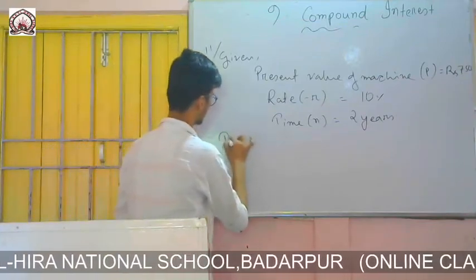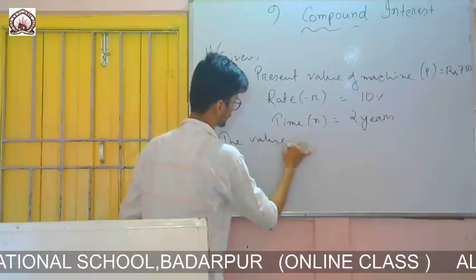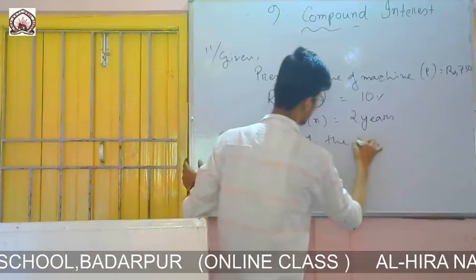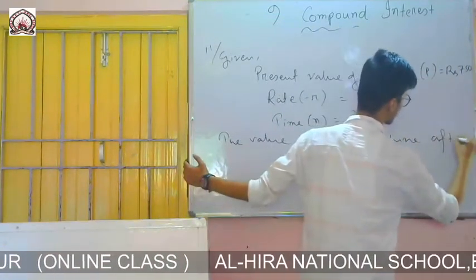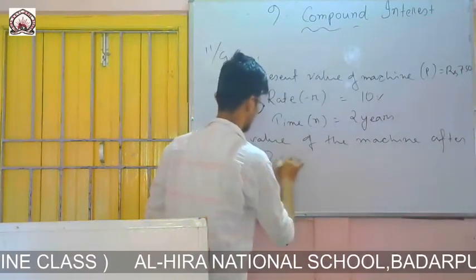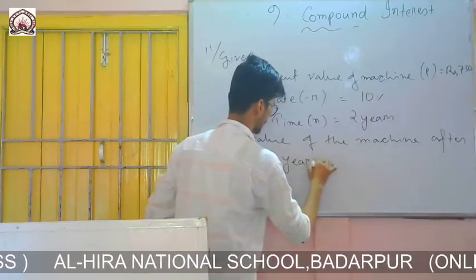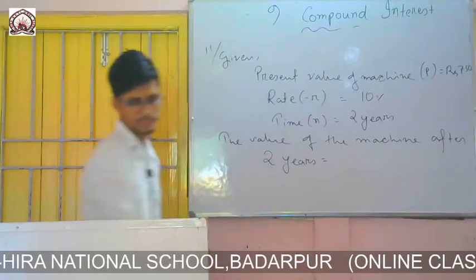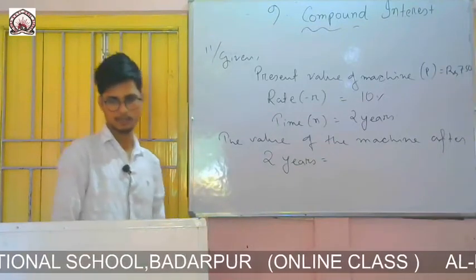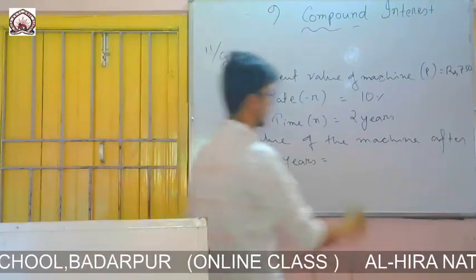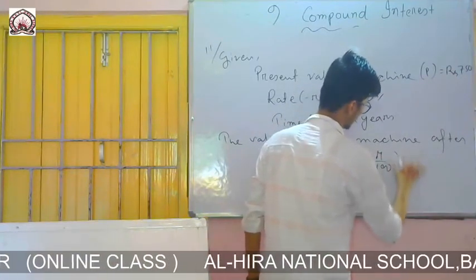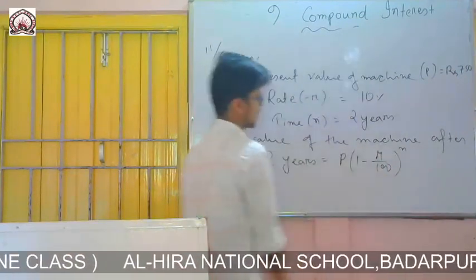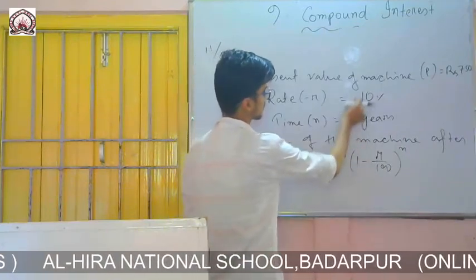So therefore the value of the machine after 2 years equals, we know the formula, P into 1 minus R by 100 to the power n. If you give plus here, then there we have to give minus.